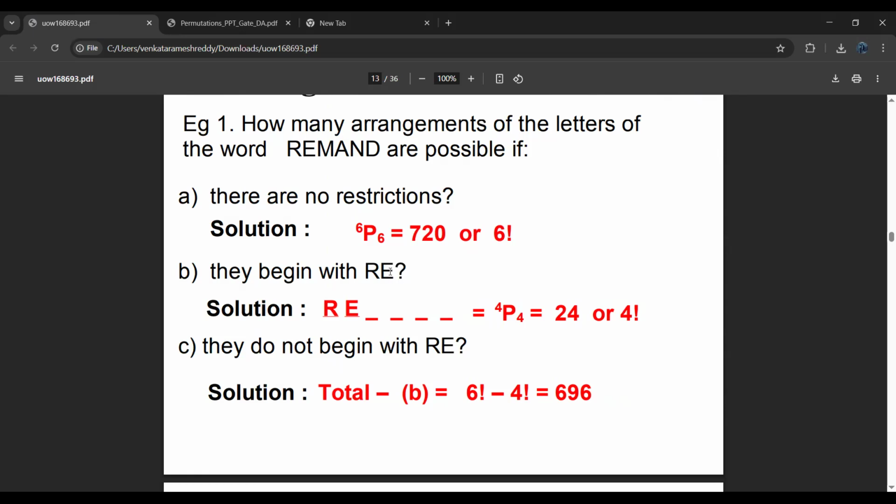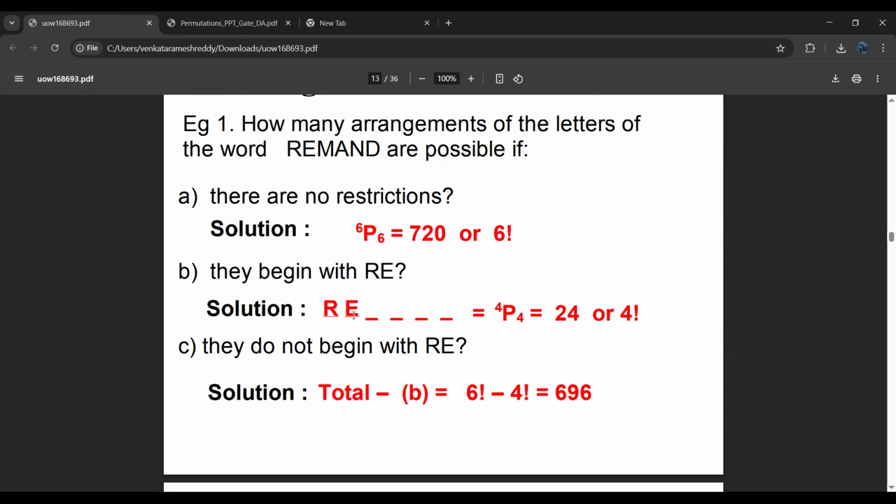Suppose they begin with RE, so it should begin with RE. It means these two positions are fixed. After fixing these positions, how many more possible ways are there? Four. They are asking in how many ways we can do the arrangement. So one, two, three, four. We can do 4 factorial ways because they start with RE.